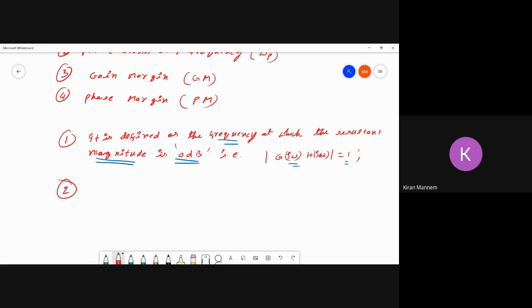So that is, the phase crossover frequency is defined as the frequency at which the phase angle of G of j omega into H of j omega must be equal to minus 180 degrees. Let me write here, which is at magnitude. I'll write it here. It is omega.